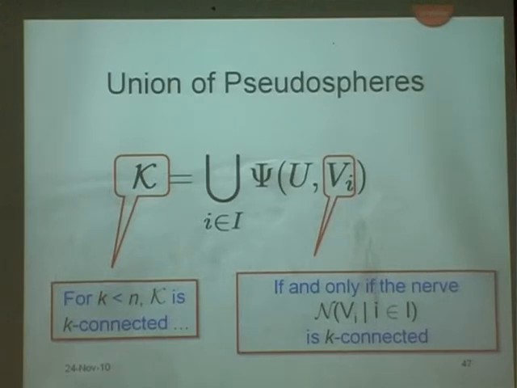Later on you'll see some complexes that are made up of double unions of pseudospheres, when we talk about real-time models, things like that. They look pretty scary, but they're actually quite easy to analyze because all we need to do is look at the sets that we're taking the pseudospheres over, and we can throw out the entire pseudosphere structure and just look at the underlying sets and reason about their connectivity.